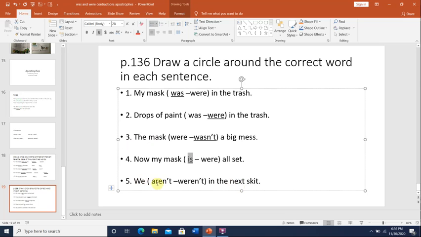So we are not in the next skit. We cannot choose weren't because weren't shows that something already happened. All right? So that's why we chose aren't. We are not in the next skit. This is about something that happens in the present.